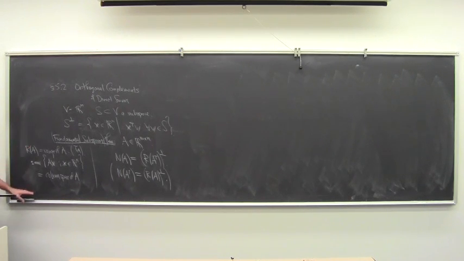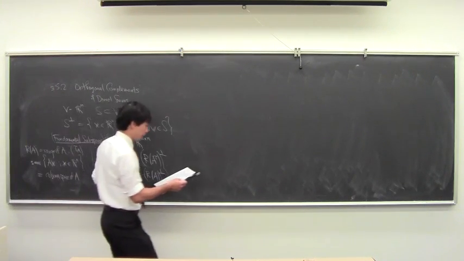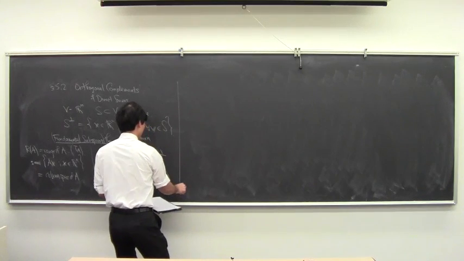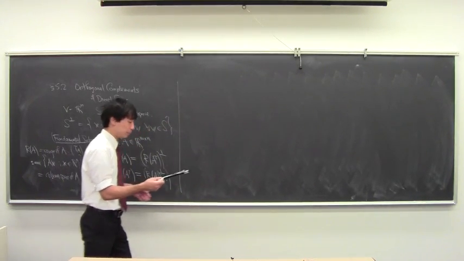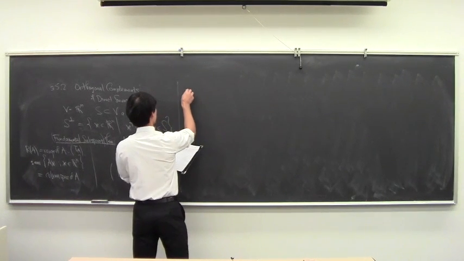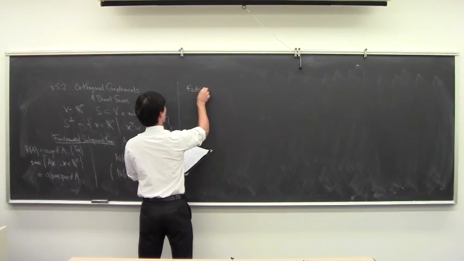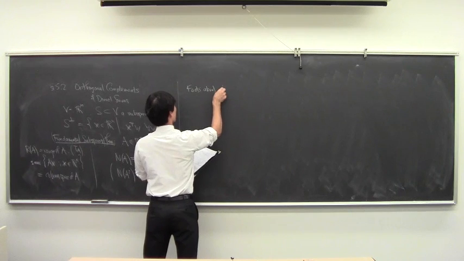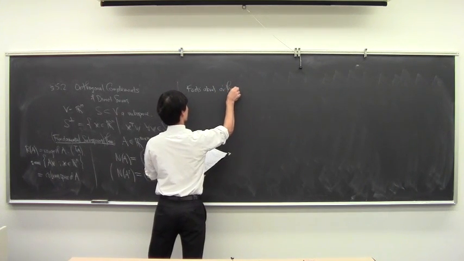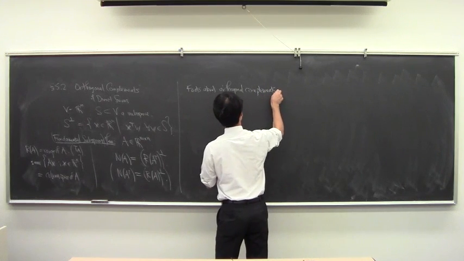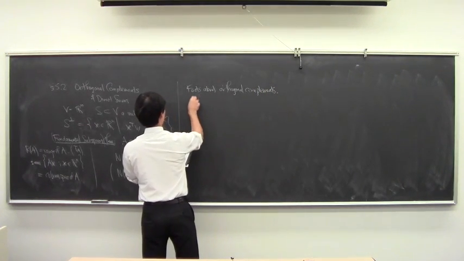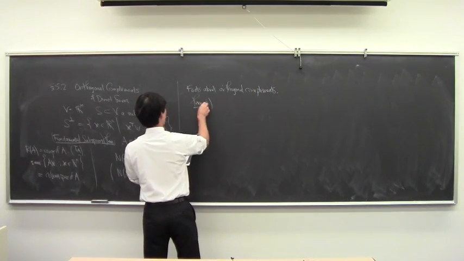Okay, so let's go on from there. Now that we have the fundamental subspaces theorem, we can use that to get some facts about orthogonal complements. So here's the theorem.